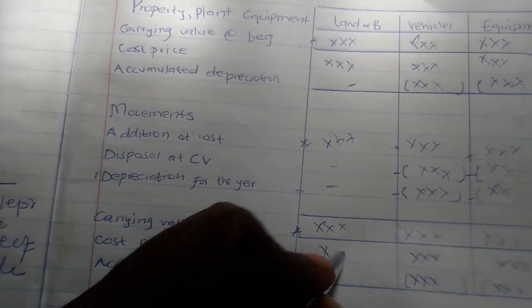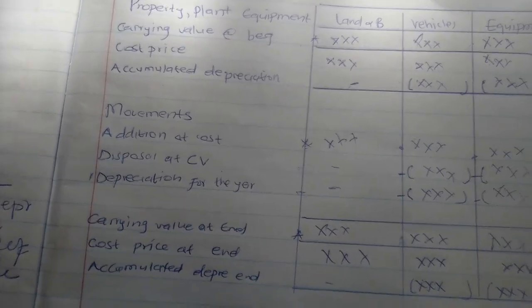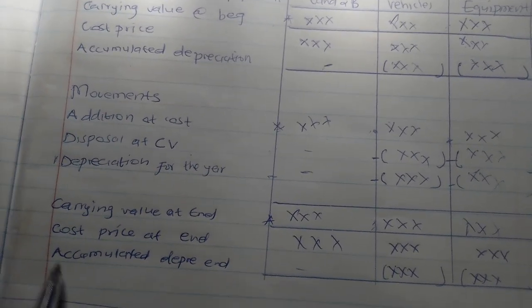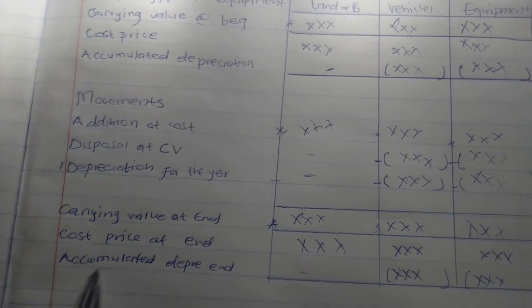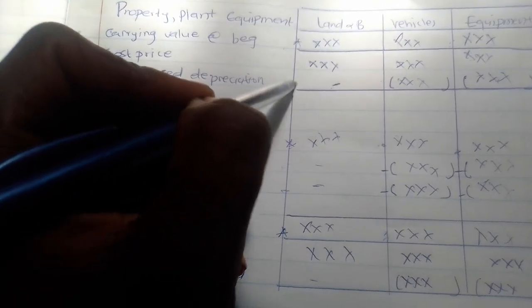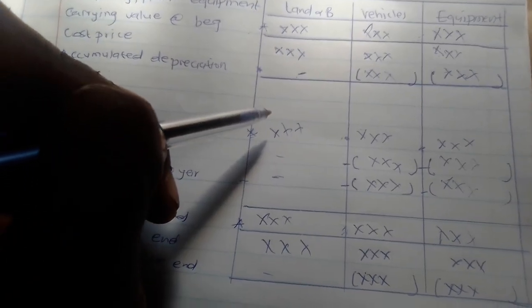Then you will get cost price at the end. And then in order for you to get accumulated depreciation at the end, you're going to say accumulated depreciation at the beginning plus the current depreciation minus accumulated depreciation for the date of sale.